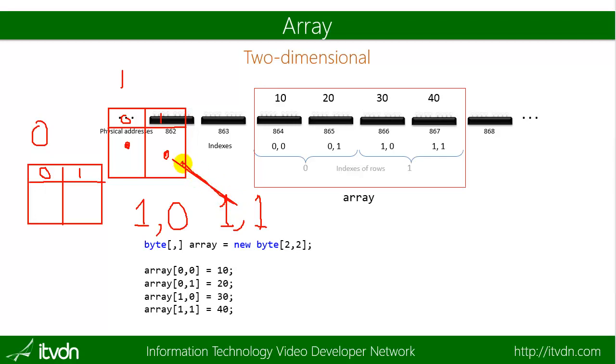Let's do that again. This book is here, and this book is here. You can see it's like an address. Okay, so that's how basically a two-dimensional array works. Its elements, which are here, all have indexes, and with the help of these indexes we can assign values to all these elements. This is like a two-dimensional array.